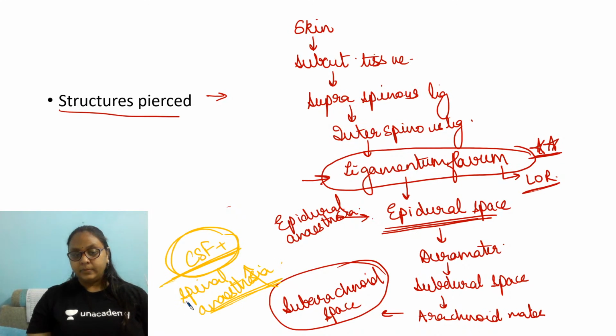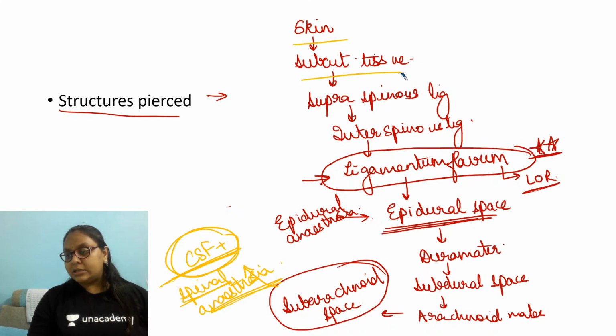Is it clear? So the structures which are pierced in spinal anesthesia from outside to inside are skin, subcutaneous tissue, supraspinous, interspinous, ligamentum flavum, remember, entering into the epidural space.